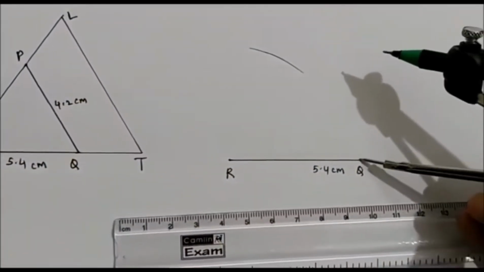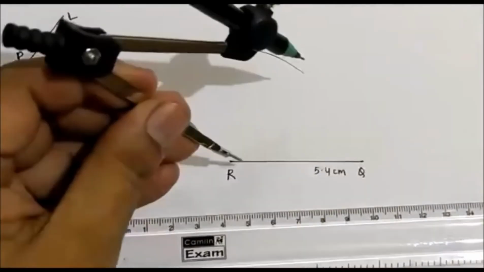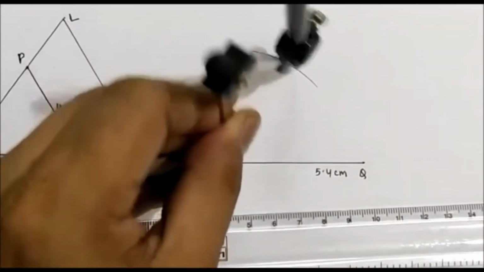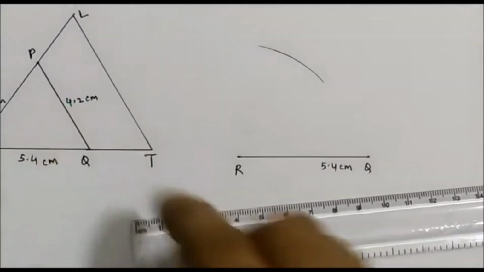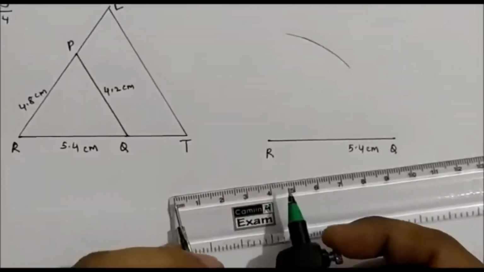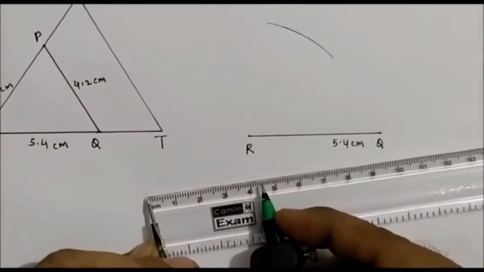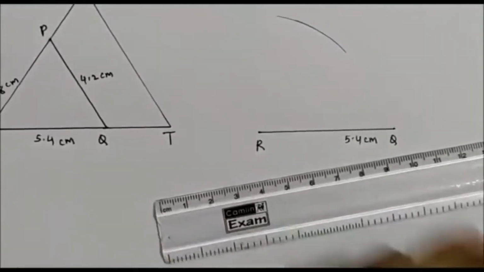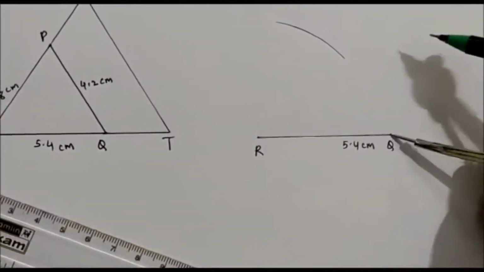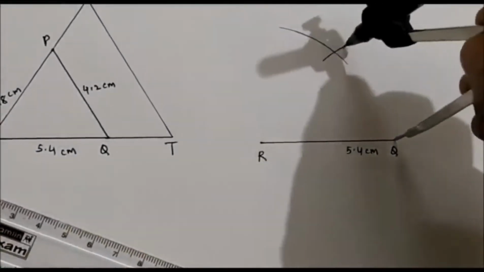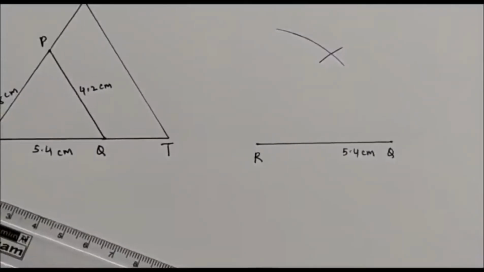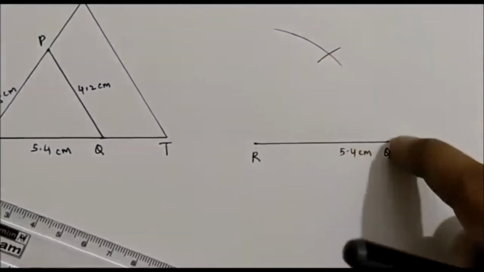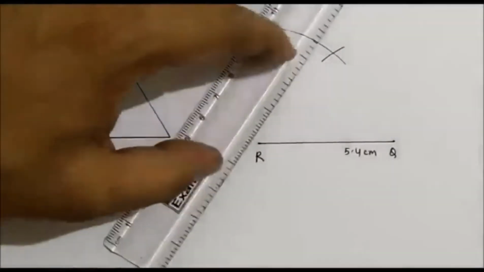And then it is 4.2. So we'll take 4.2 now, and from this point Q, an arc of 4.2. Just draw the proper arc. Okay, so from here 4.8 and from here 4.2. Join this.